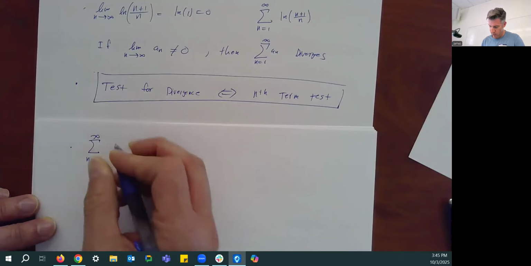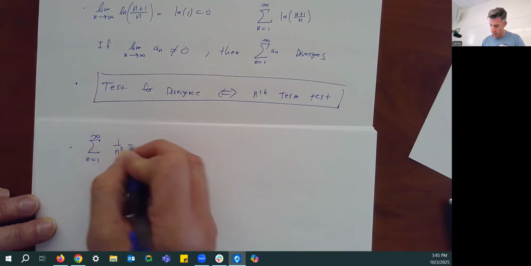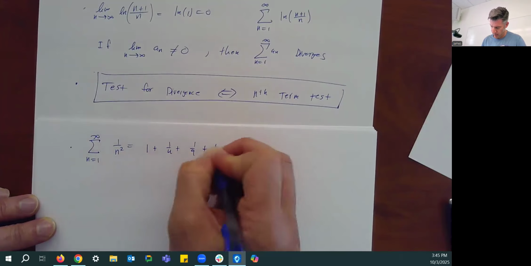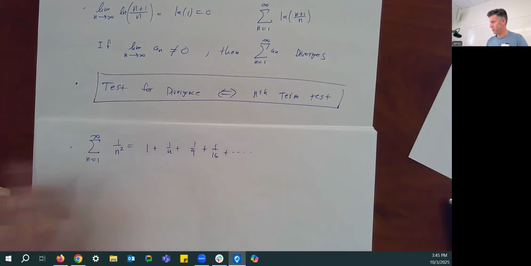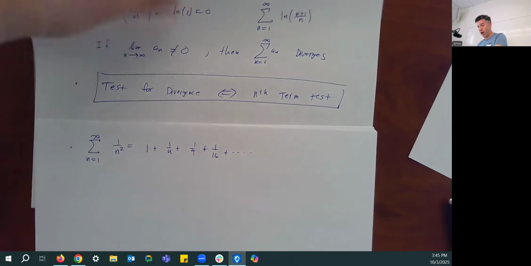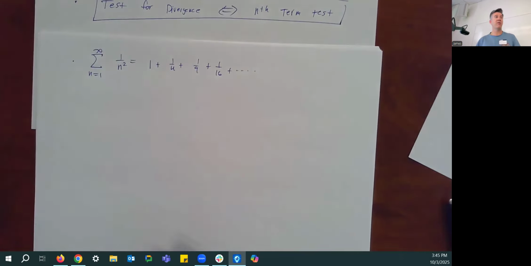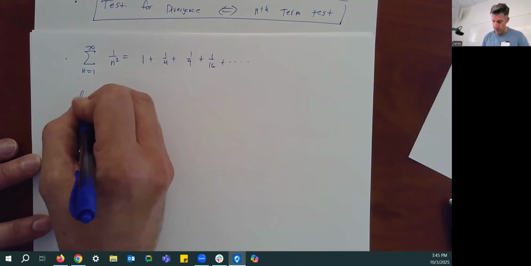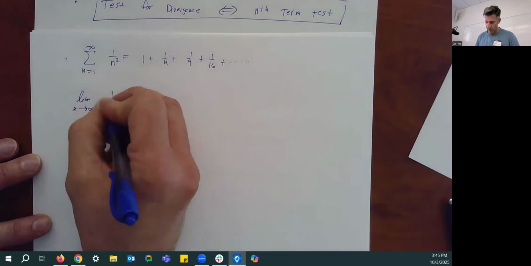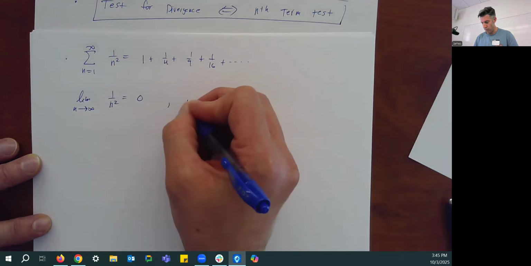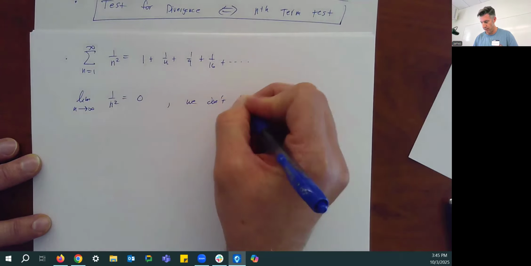The sum from n equals 1 to infinity of 1 over n squared, which is 1 plus 1/4 plus 1/9 plus 1/16, and so on and so on. Obviously, the test for divergence, aka the nth term test, is not going to help us out here, because the limit as n goes to infinity of 1 over n squared is 0. So we don't know anything yet.